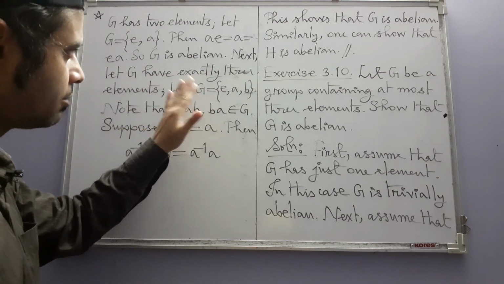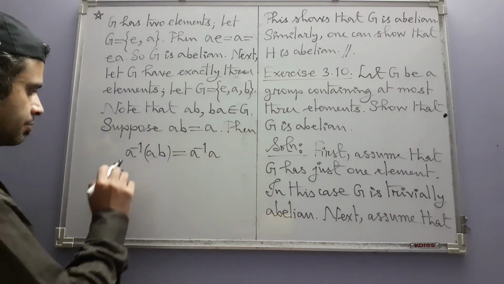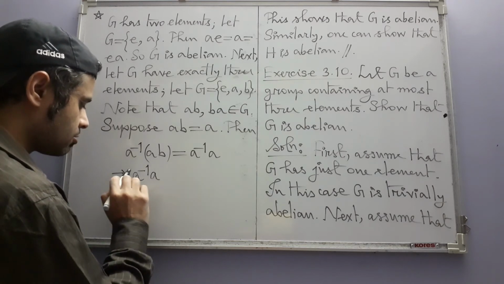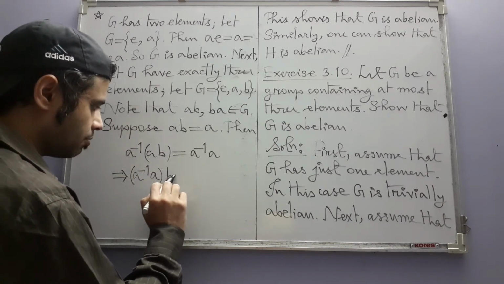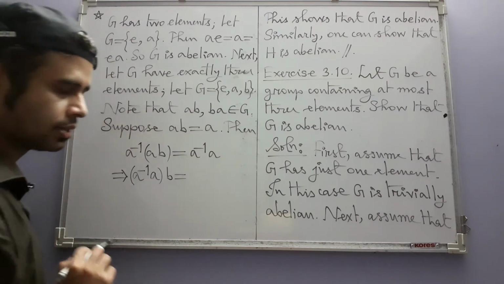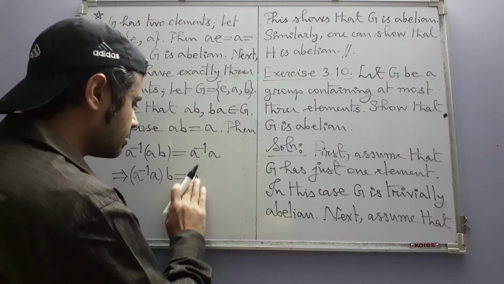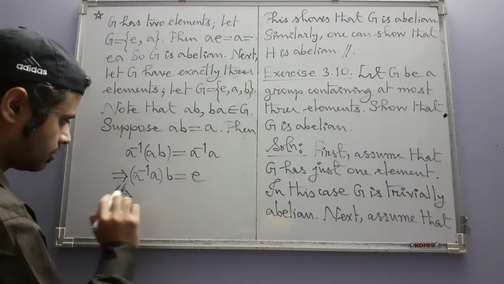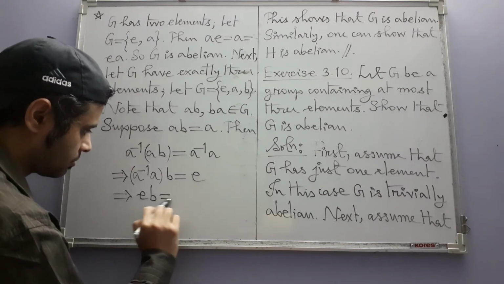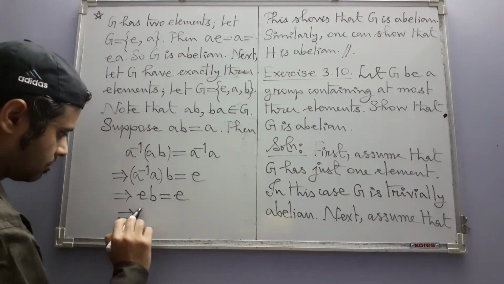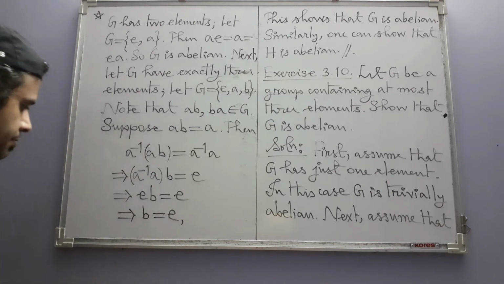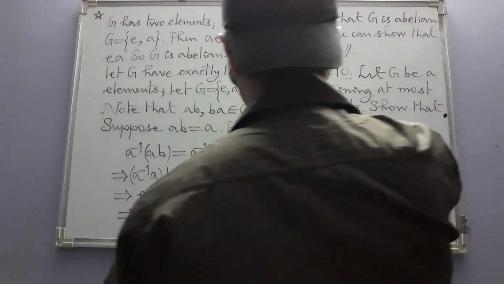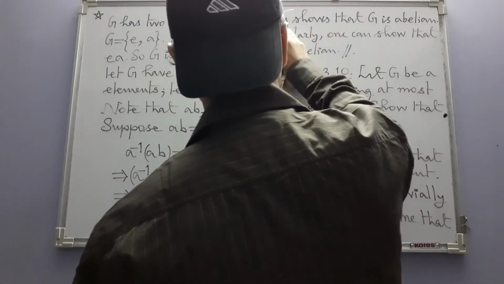That is guaranteed by the fact that G is a group. Then use the associative law that is also there in the group. So at every step, whatever you are doing should have a justification. And this is E. This is E. B is equal to E, which is a contradiction because B is different from E. So our supposition is wrong. AB cannot be equal to A.